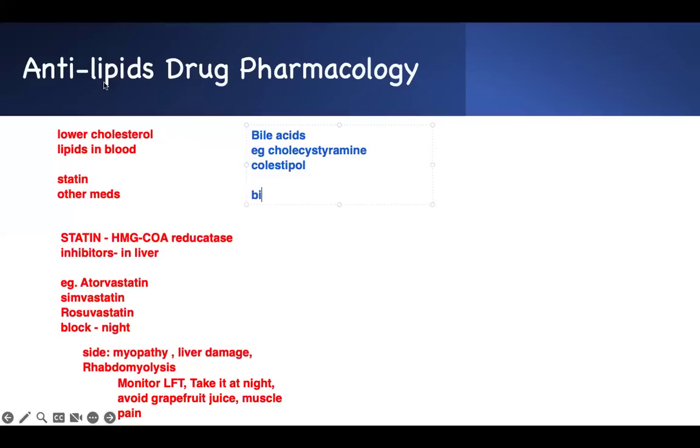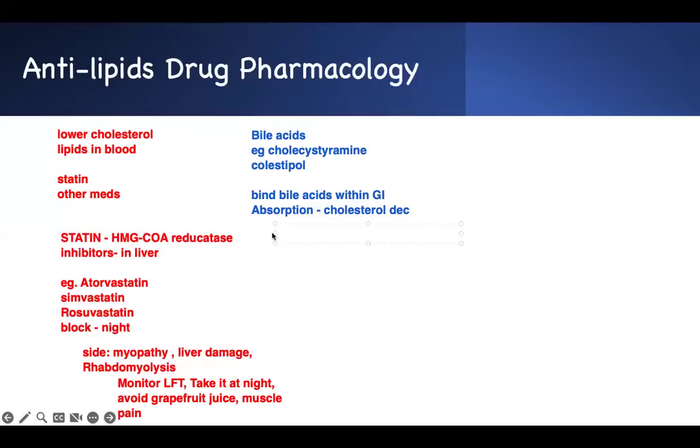They bind to bile acids in the lipids, mostly within the GI tract, and it prevents absorption. So you don't absorb it. They prevent absorption as they bind to it, and in the process they decrease your cholesterol, right?